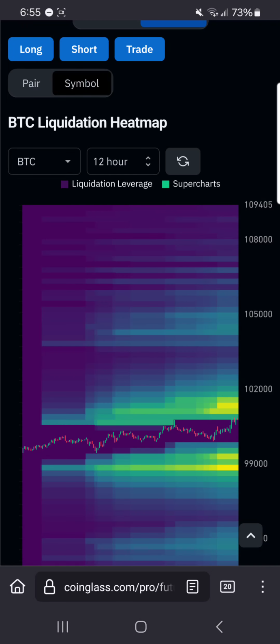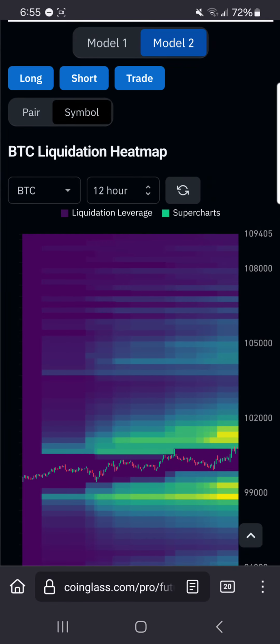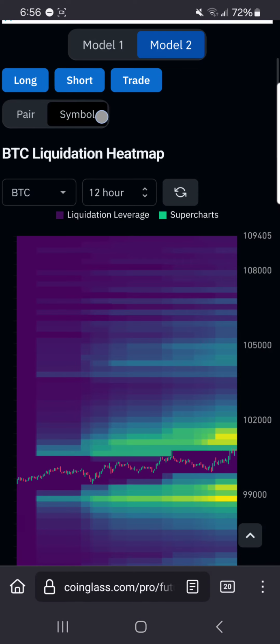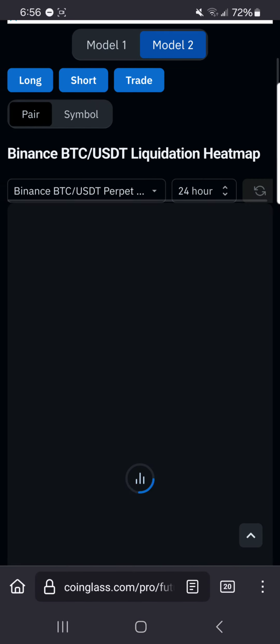Here we are looking at the liquidation heat map. I have it set with the symbol, not any pairs. You can also set it with pairs.